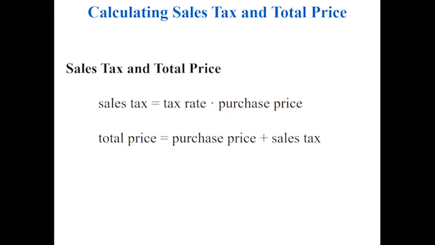If I go to a store and I purchase something, the tax I pay is the percentage tax rate times the purchase price. This is real life. So sales tax is the tax rate times the purchase price. And then once I know how much tax I pay, I add it on to the purchase price to get the total price. Total price is the purchase price plus sales tax.